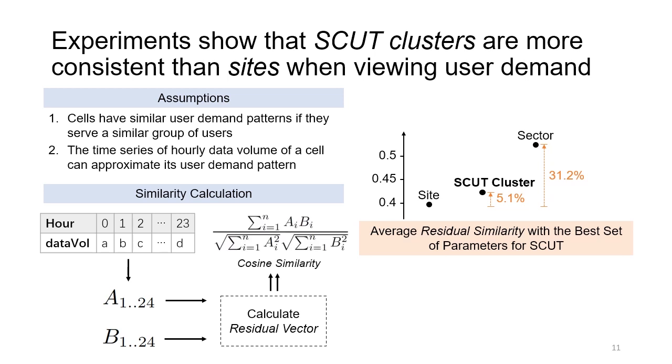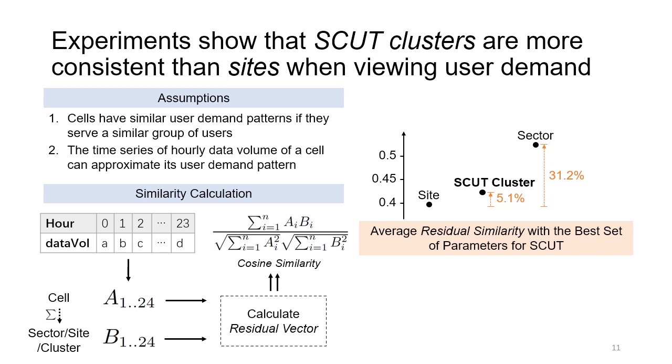To obtain the 3 data points on the chart, we calculate the similarity between each cell's pattern and that of its assigned sector, site, or cluster, and found the best set of parameters that makes the SCUT cluster stand out. The pattern of a sector, site, or cluster is basically the sum of all cell patterns within.